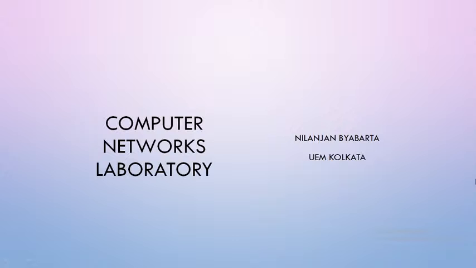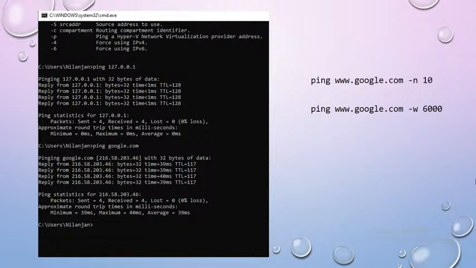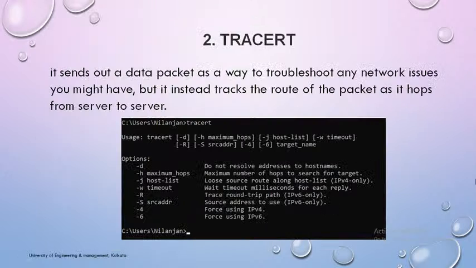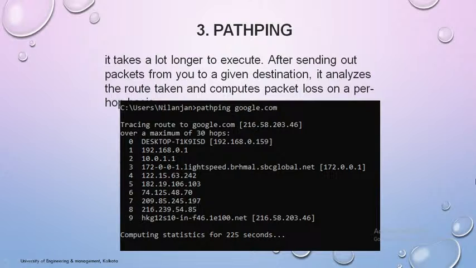So we had covered some of the commands like the ping, then tracert or trace route, then pathping, which was basically for finding out the different nodes that we can map when we are trying to access a particular location or a particular web address.